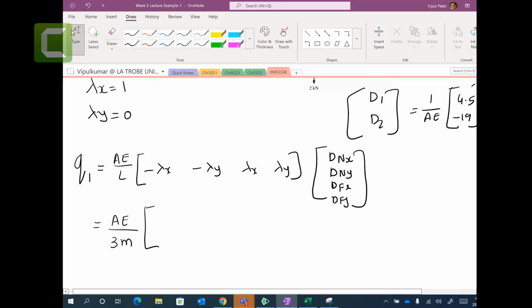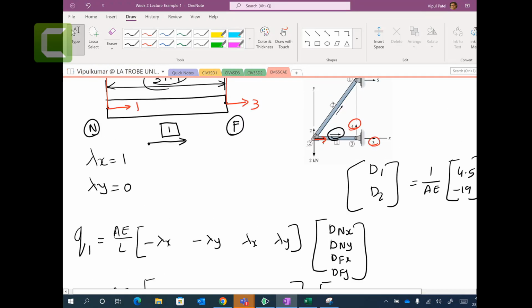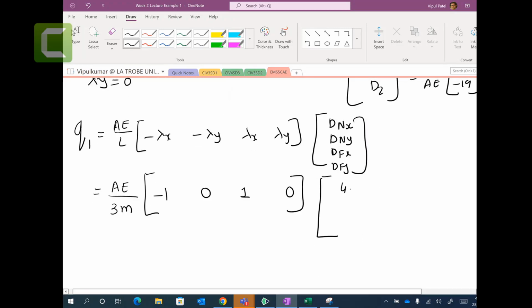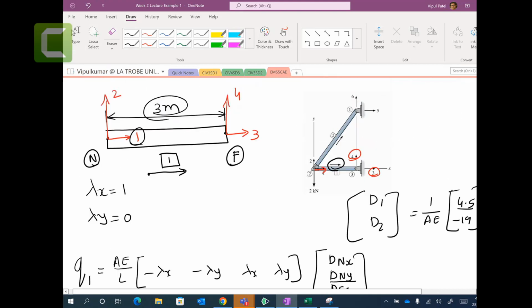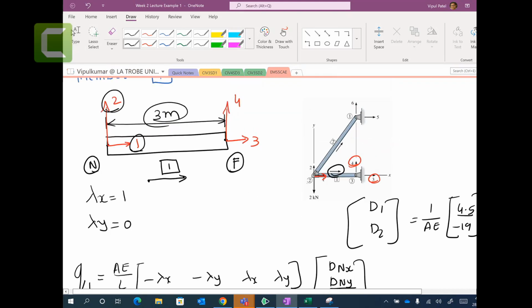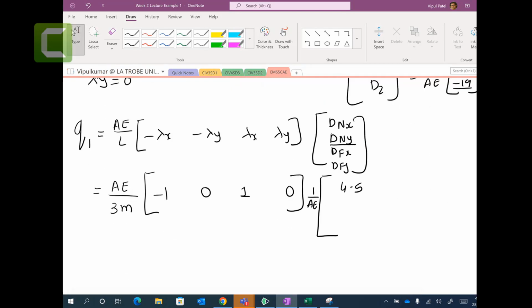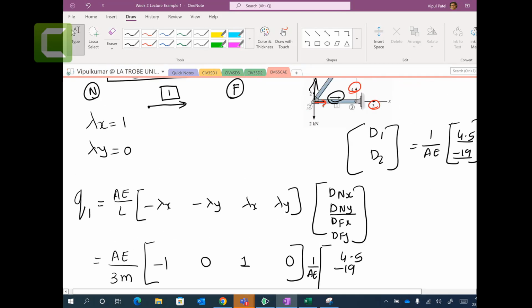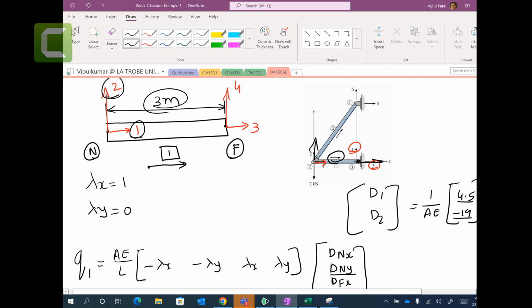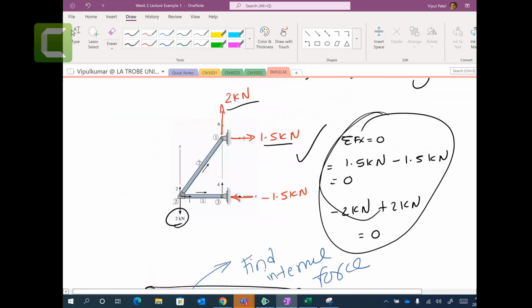Lambda x minus 1, lambda y 0, 1, 0. Near node 1, D1, we got 4.5, times 1 over AE. Near node y, D2, you got minus 19. Far node, because this is a fixed point, D3 is 0, right? You remember that, right?